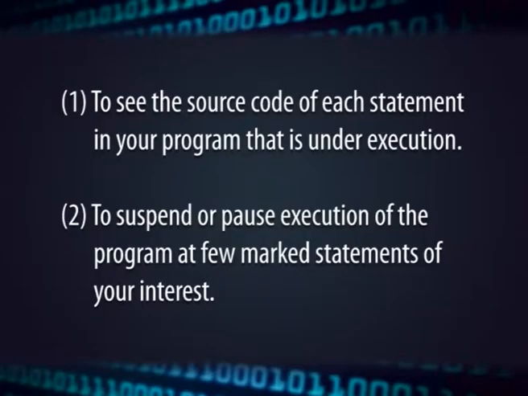Specifically, a debugger enables you, first, to see the source code of each statement in your program that is under execution. Second, it is possible for you to suspend or pause the execution of a program at a few marked statements of your interest.